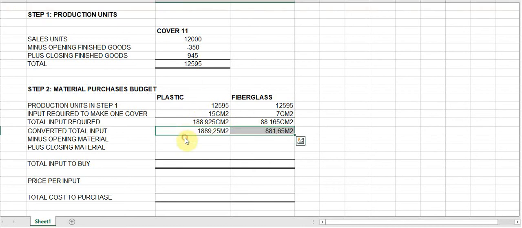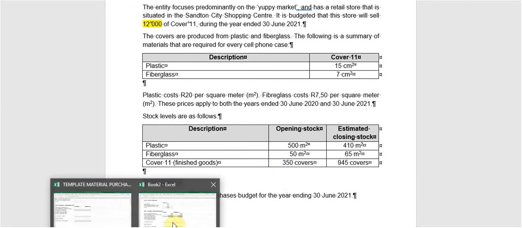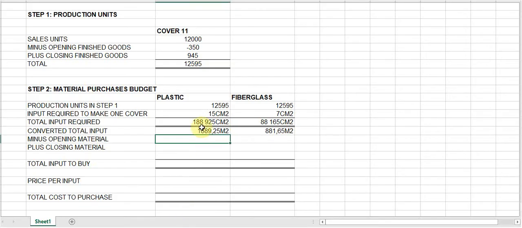Thereafter, we need to look for the opening stock and also the closing stock. Going back to the question, for plastic, the opening stock was 500 and the closing stock was 410 square meters. I'm typing it in, so it is minus 500, add back 410 square meters.